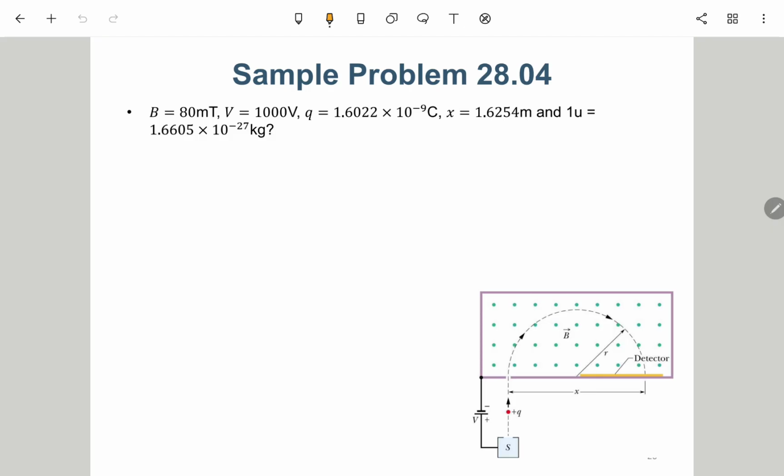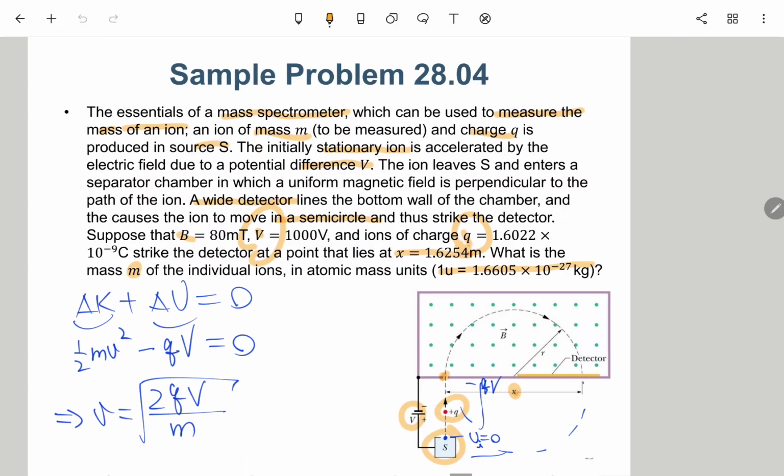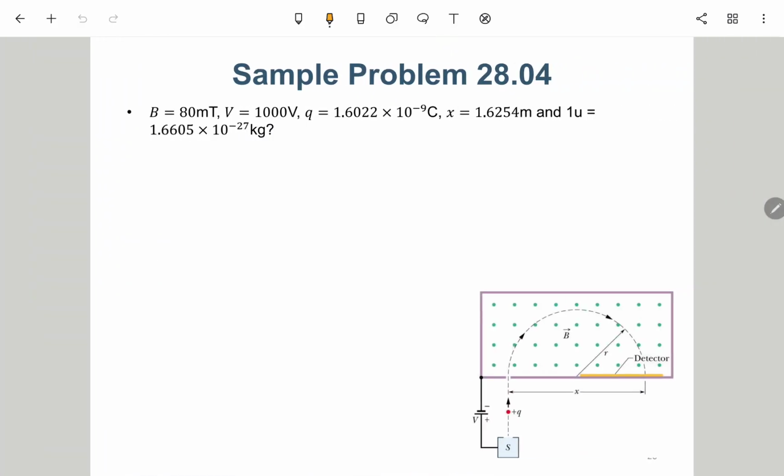And then finally, we can calculate the R. The R is given by mv over qB, just as what we got. This formula we already got previously. So we can just plug in m over qB, and the v is the square root of 2qV over m.